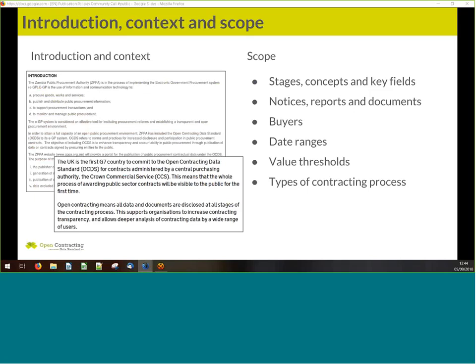So that might be, for example, information about what stages of the contracting process are covered, what date range the data covers, whether only procurements over a certain value threshold are included. So whatever you can provide here to give users of the data a heads up about that, rather than them, for example, having to download the whole data set to understand what date range it covers.